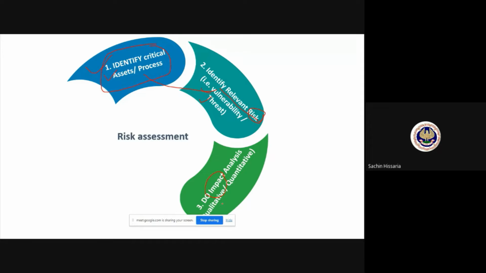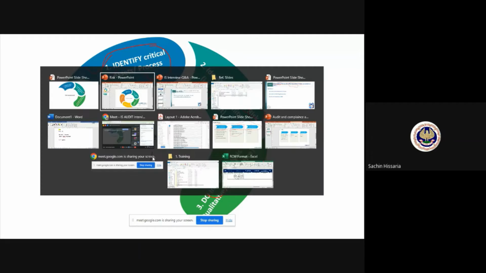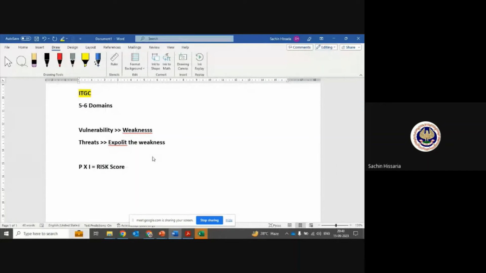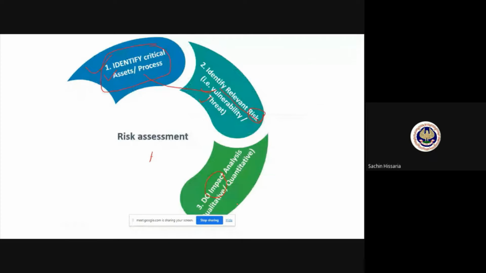That is quantitative, where we are using numbers. When I say qualitative, it is subjective. Suppose the organization uses terminology like high, medium, low, for example this risk is high, medium, or low. That is your qualitative approach. So the organization will do the impact analysis.